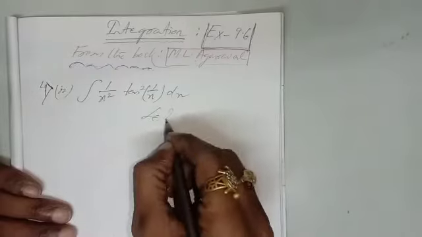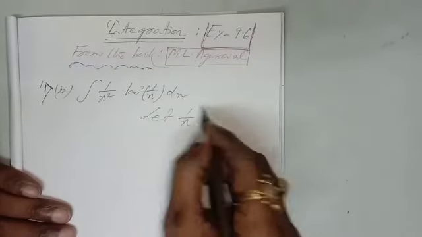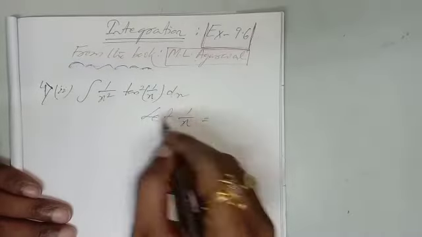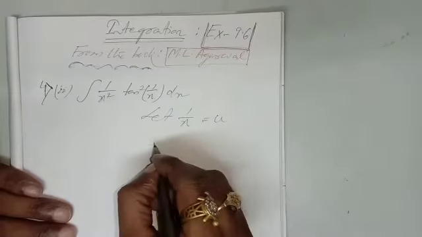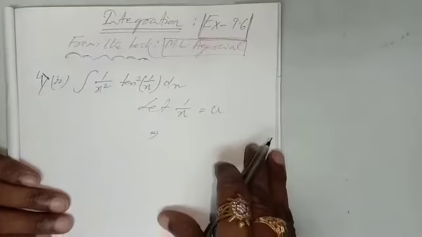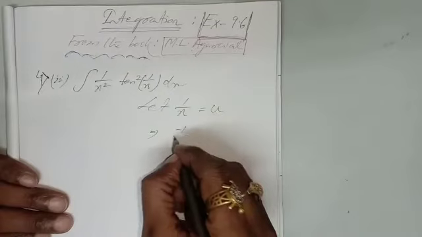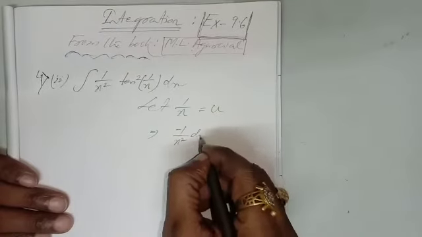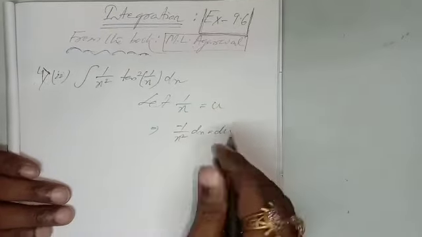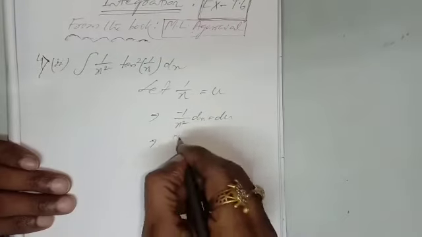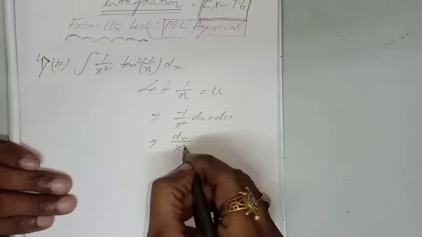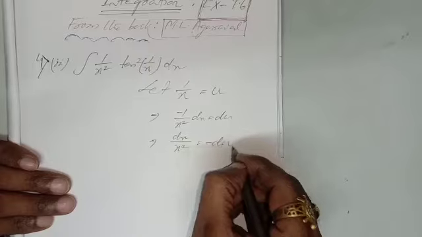Let 1 by x be u. So what is the derivative of 1 by x? The derivative of 1 by x is minus 1 by x square, so minus 1 by x square dx is equal to du. That means dx by x square is equal to minus du.